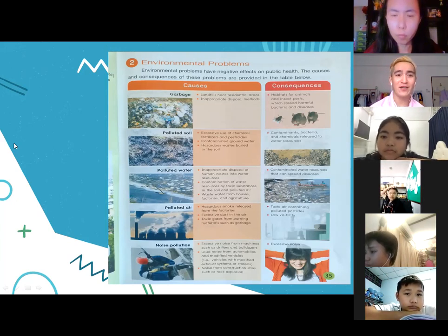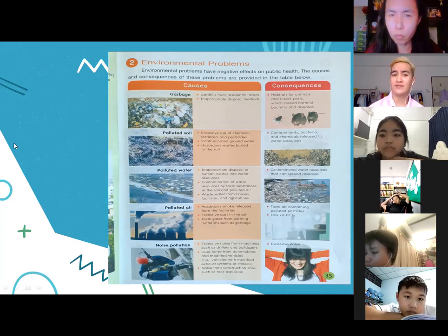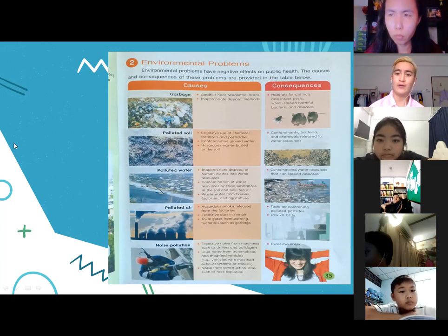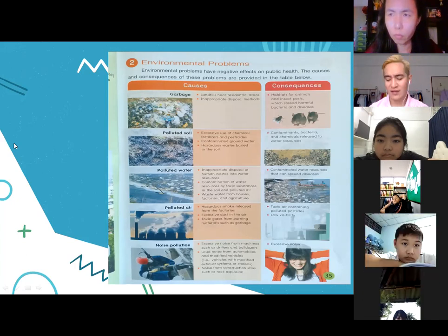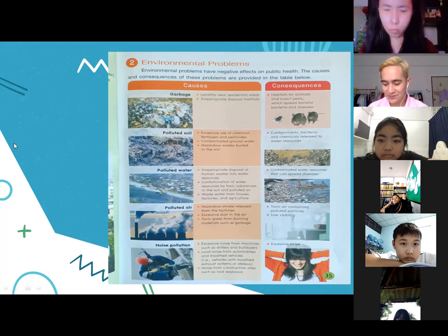Whether you like it or not, we should care about our environment because it is our home. That's the reason why we should care about our mother nature.